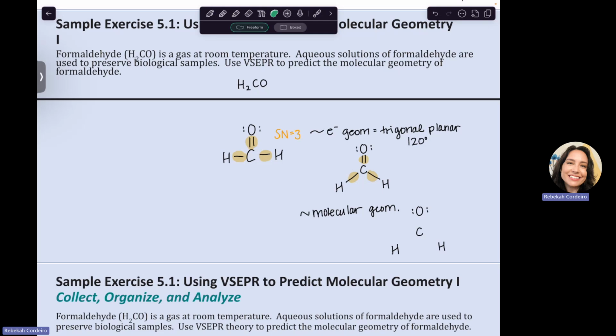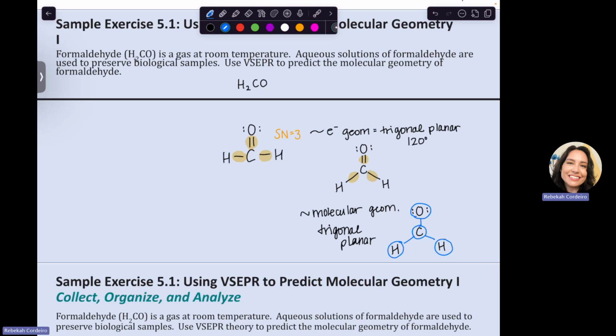We would see this triangle, and it's flat because there's no lone pairs in the center. So we would see that trigonal planar. Planar meaning flat. But we'd still see that 120 angle. So we'd only really be looking at the relationships. Think about a ball and stick model.